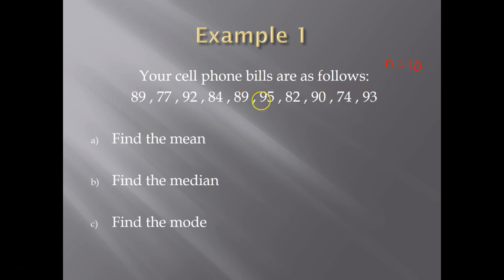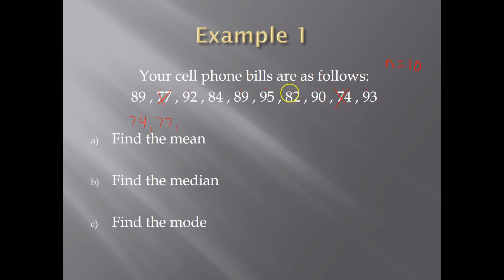Looking at all 10 values, the smallest data value is this one, 74. So I'm going to rewrite it and put 74 on the left, since that's my minimum data value. Now I'm just going to go in increasing order, ascending order, from smallest to largest. The next biggest one is 77, so let's put that next.